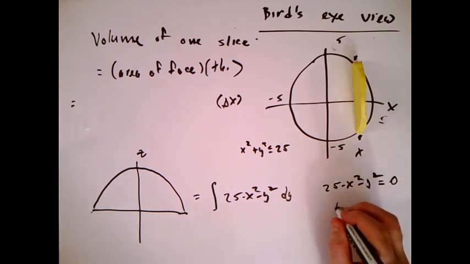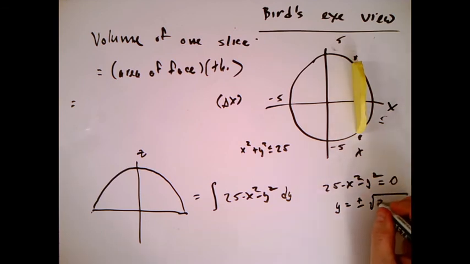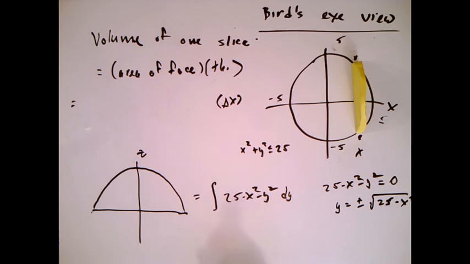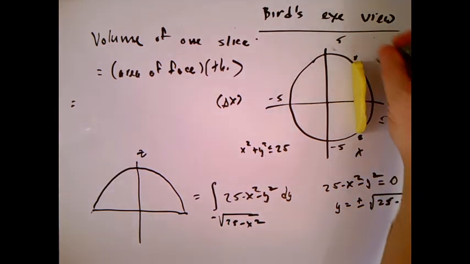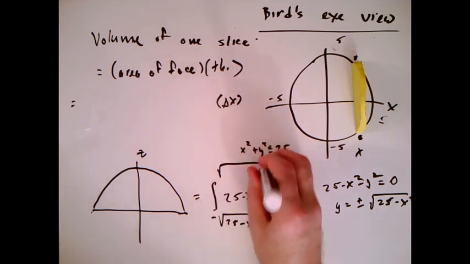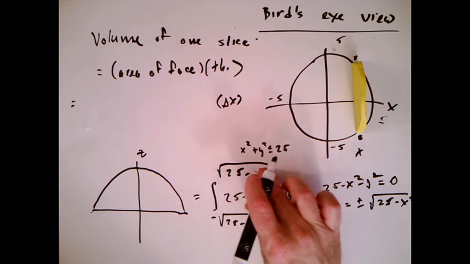What I'm going to get is that y is equal to plus or minus the square root of 25 minus x squared, like that. That says that the y coordinate down here is negative the square root of 25 minus x squared. The y value up here is the positive square root of 25 minus x squared.